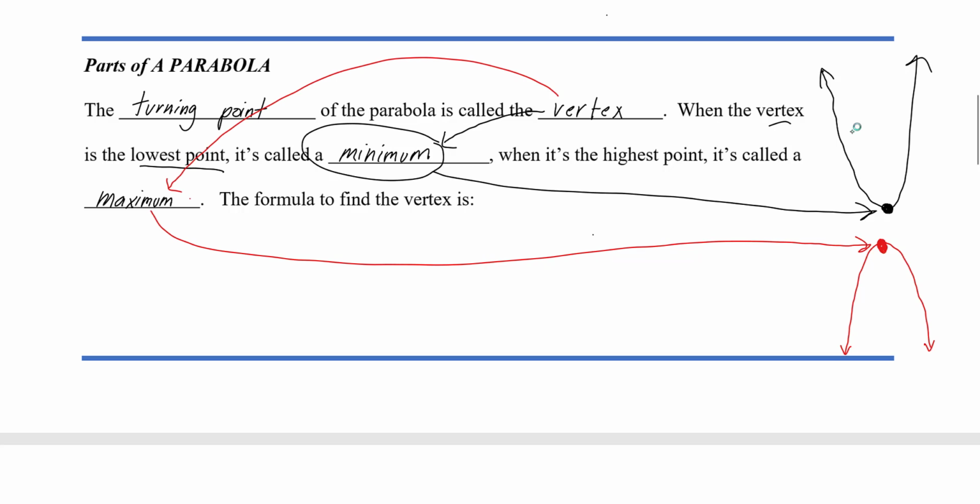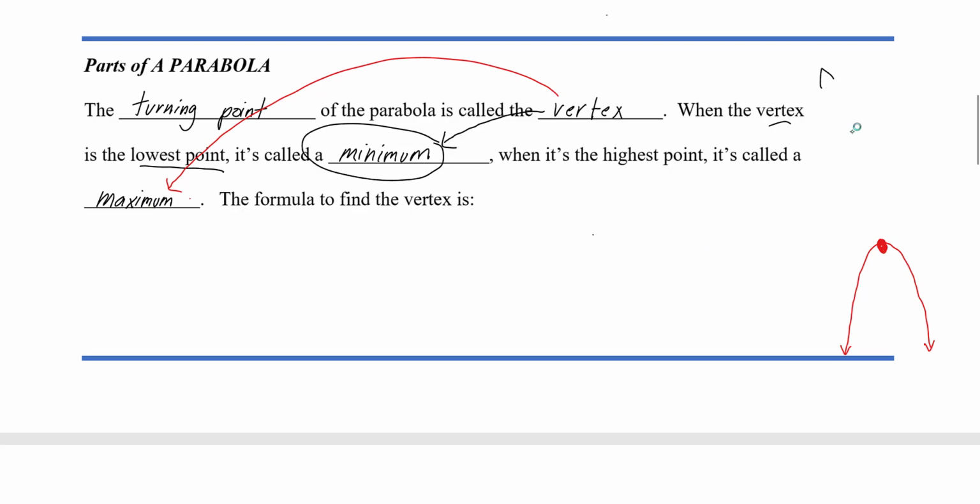Now, what's really important in this lesson is to be able to understand how to calculate the vertex given an equation. So I'm going to give you the formula, and at first, this can be a little confusing, but it's not. So the vertex is an ordered pair. It's an x, y ordered pair. So to get the x coordinate, we use the formula negative b over 2a.